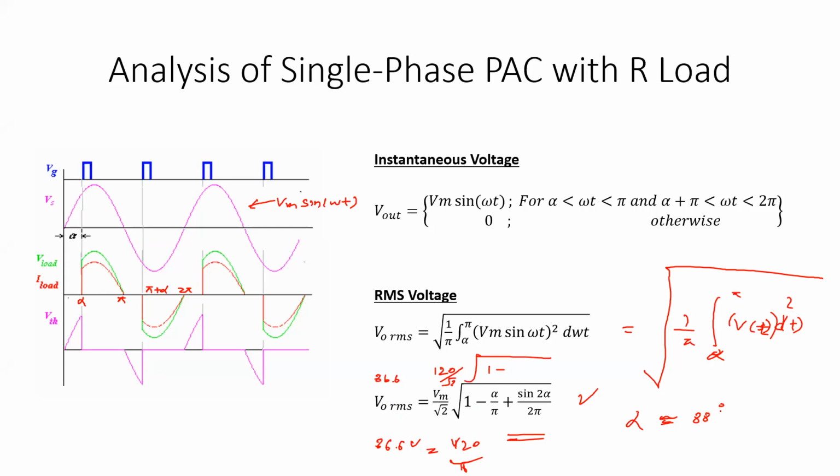If it is 88 here, you have to apply it in radians, but my trick is you can convert this part into degrees, since it is a ratio between angles. So you can write alpha over pi as alpha over 180, so this will be 88 over 180 plus sine.